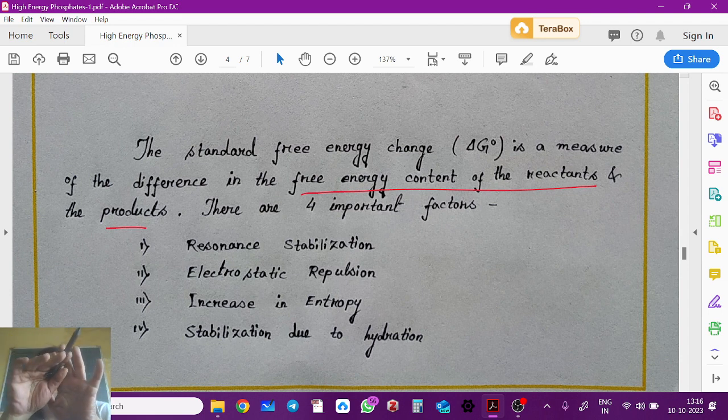And when a substrate with a higher energy goes to a product with a lower energy, energy is released, and that is the Gibbs free energy change, delta G degree. Then there are four important factors. One is known as resonance stabilization, electrostatic repulsion, increase in entropy, and stabilization due to hydration.